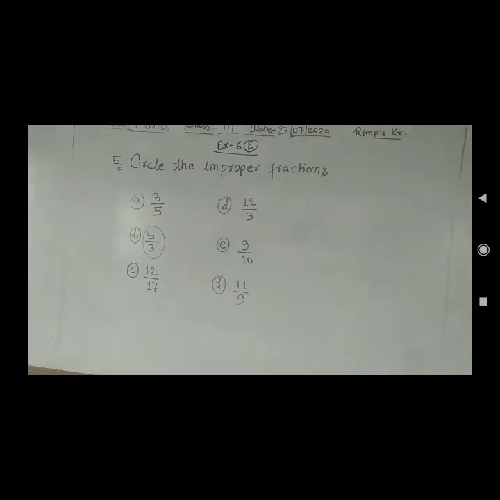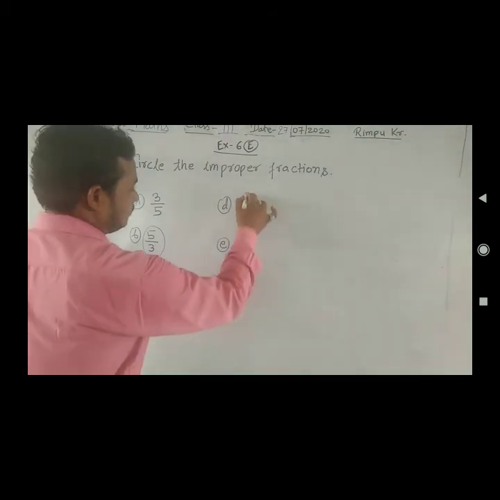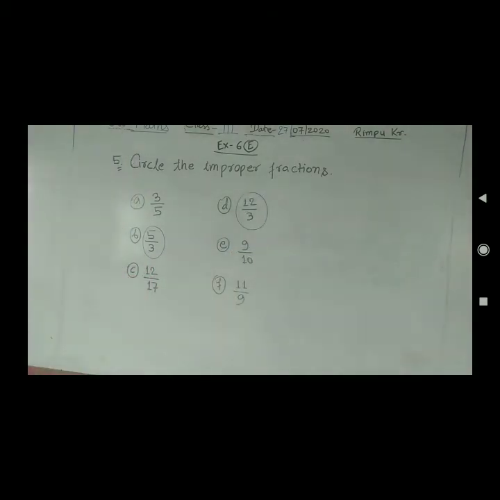Very good. But here you can see question number 5e. The numerator is 9, the denominator is 10. That means the numerator is less than the denominator. Again, we move to the next question, 5f. Here the numerator's value is 11 and the denominator is 9.